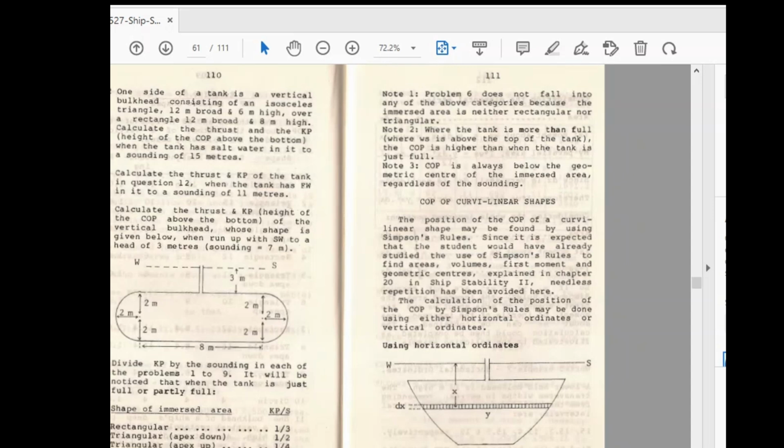What do you mean by sounding of 15 meter? So water level from keel to top 15 meter. तो कैसे बनाऊं 15 मीटर?